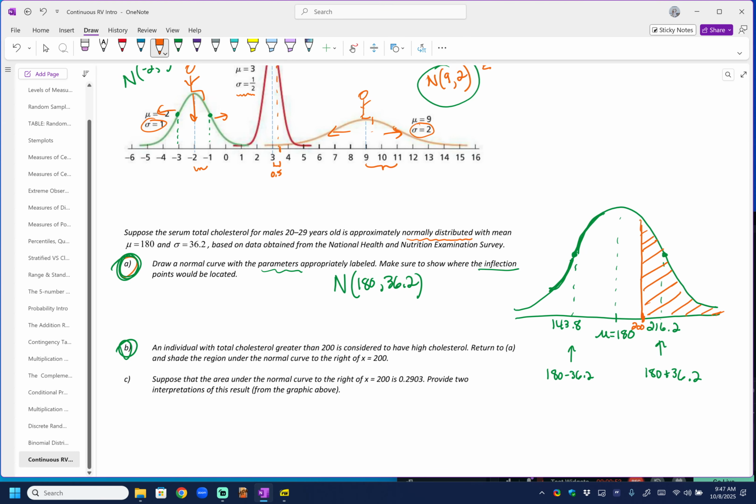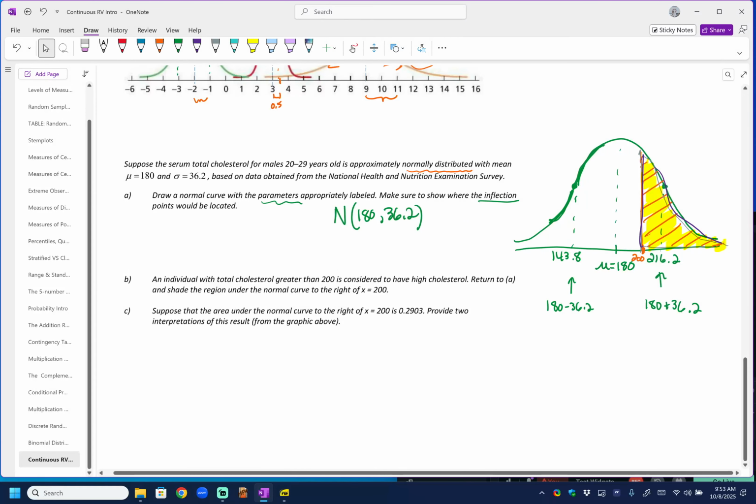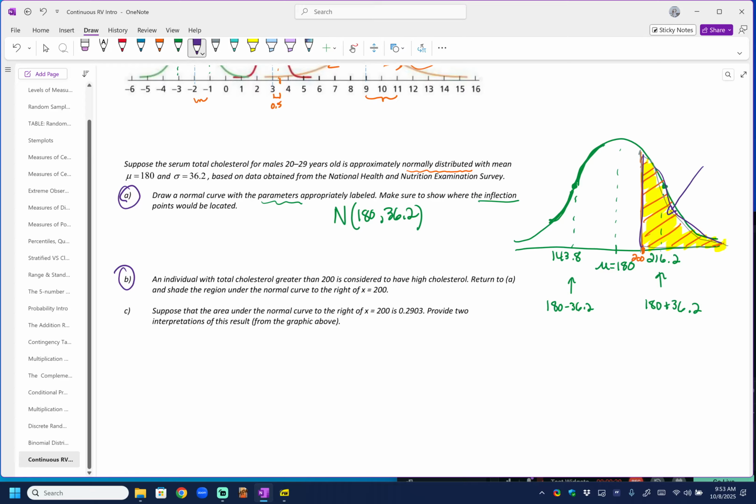While we have completed the requirements for letter A and B, by the way, I don't want to move on until I state the obvious here, hopefully. Remember, the goal of finding the area underneath the curve between, below, above, whatever values, was to find the probability.